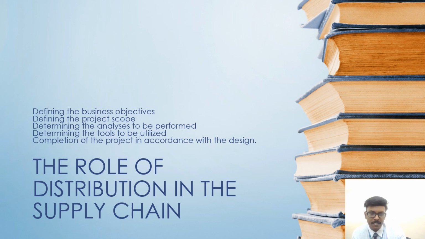Then again, we need to take it to the distributor location, to the warehouse, then from distributor to retailer. So everywhere we need to take a decision, right? Here we define the business objectives, project scope, analysis to be performed, and determine the tools to be utilized and completion of the project in accordance with the design. These are the things we are focusing on here.